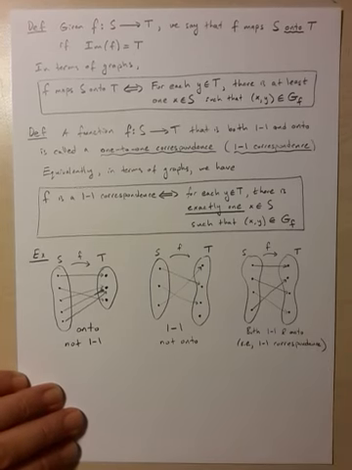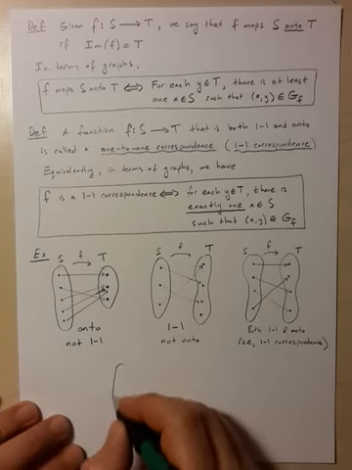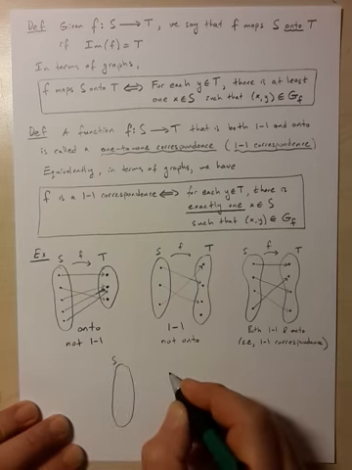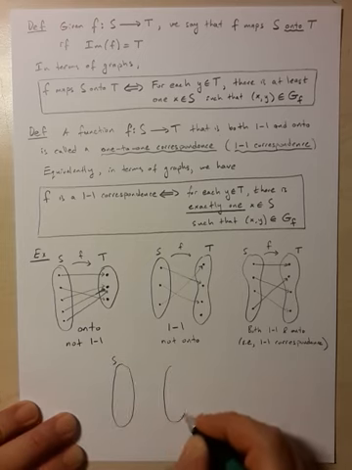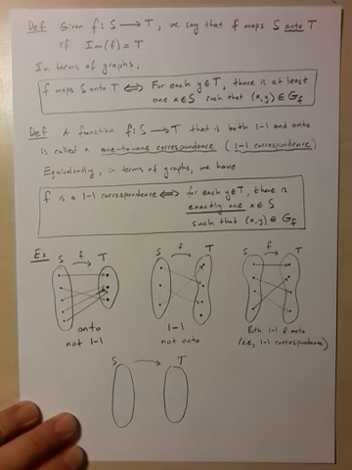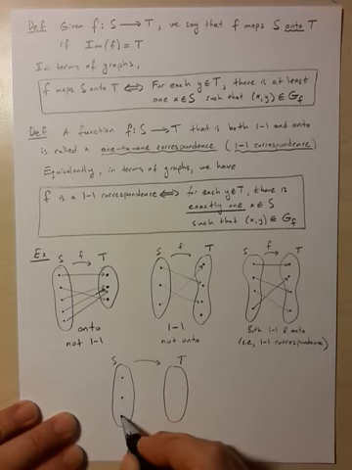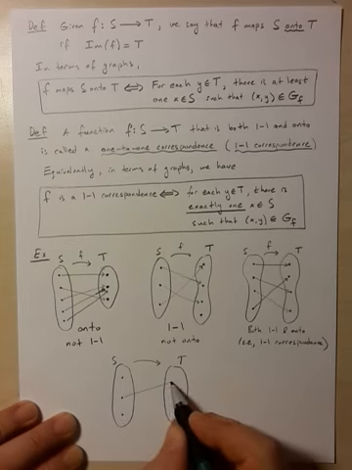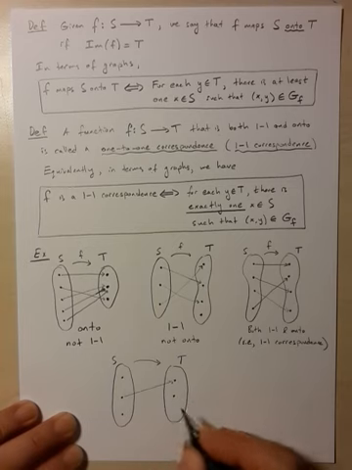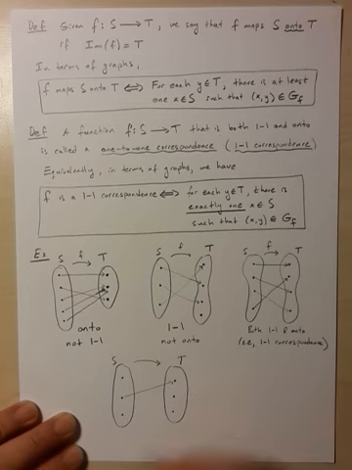Okay. And finally, let me give an example which is not a function. Okay, so let's say this is our S. This is our T. Let's say this goes to here. Let me send like this.